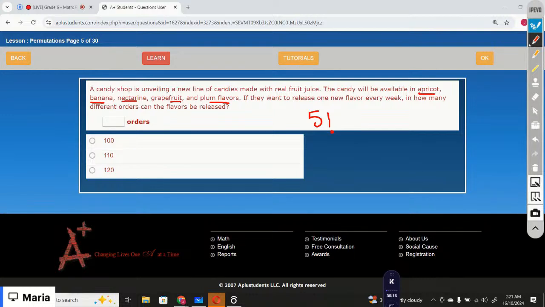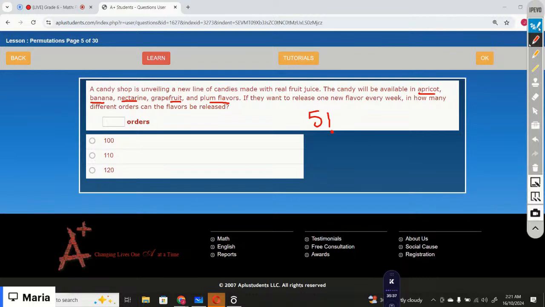You have five options for the candies, right? You have to see in how many orders they can be released. So whenever you have to see how many orders, you have to evaluate the factorial. So you have to evaluate 5 factorial, right? Because you have five choices.